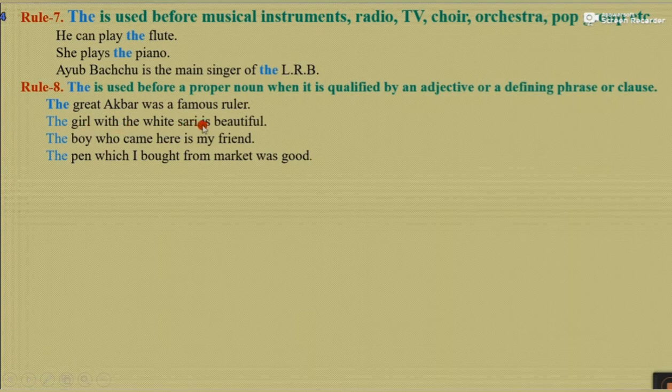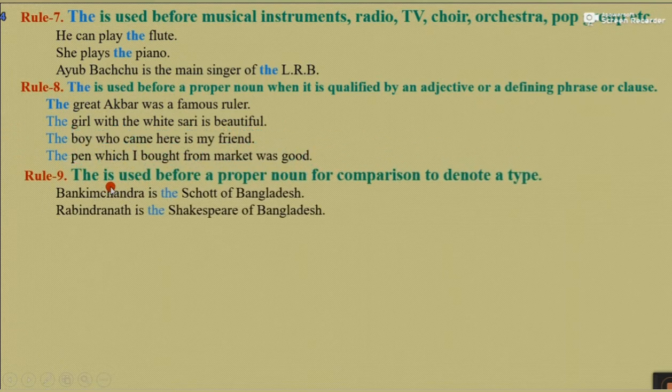The girl with the white sari is beautiful. The boy who came here is my friend. Here, who came here is a clause that qualifies the boy. So the is used before boy. The pen which I bought from the market. Here, a clause qualified the pen.